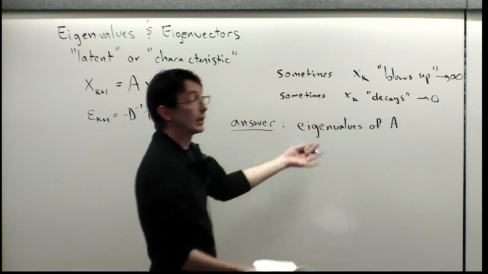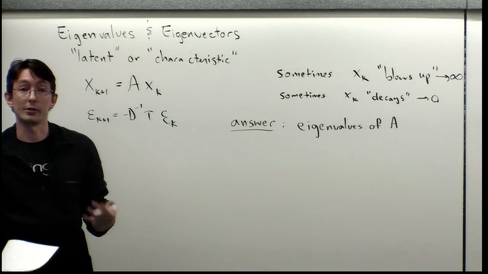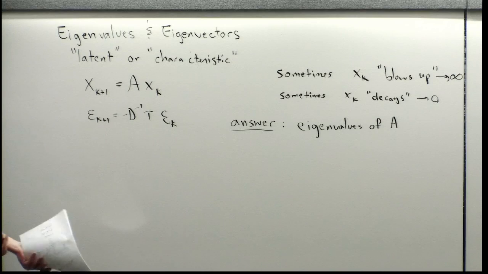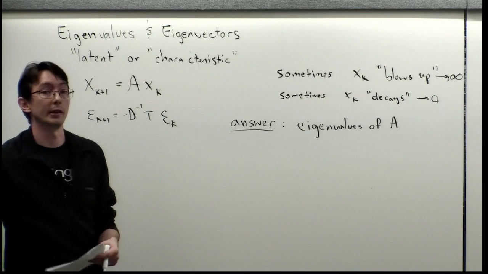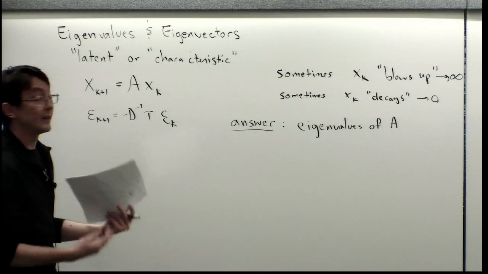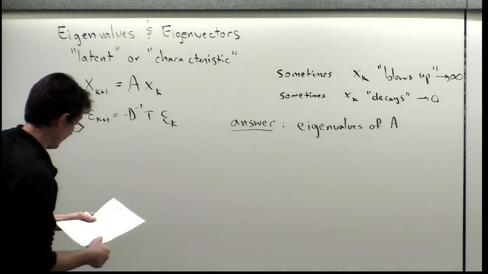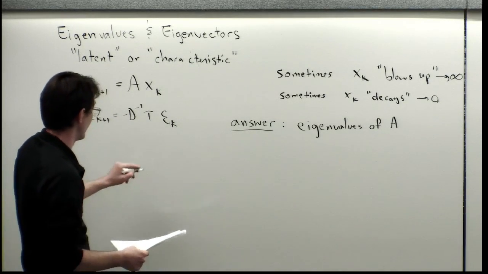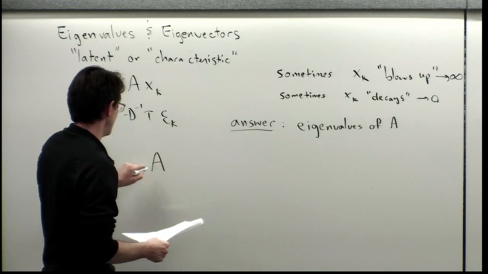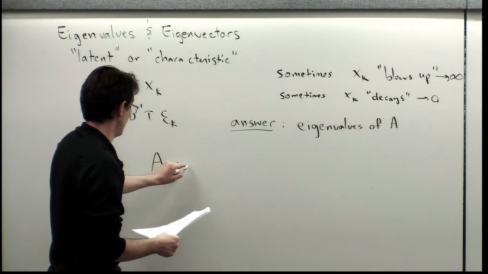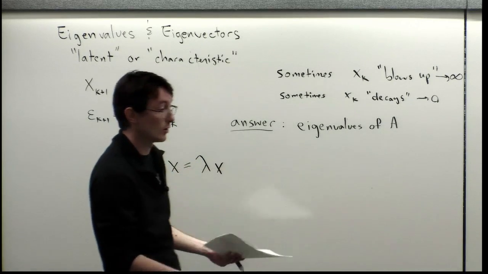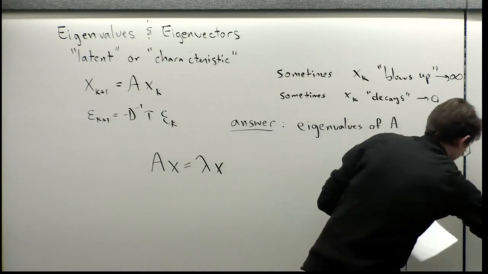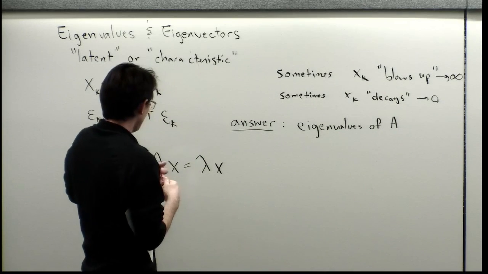I'm going to tell you what the eigenvalues and eigenvectors are. I'm going to start by showing you an equation that they satisfy, and then we're going to get some feeling for what they are by working through an example. The really important equation is A x equals lambda x. This is so important that I'm going to put a box around it.